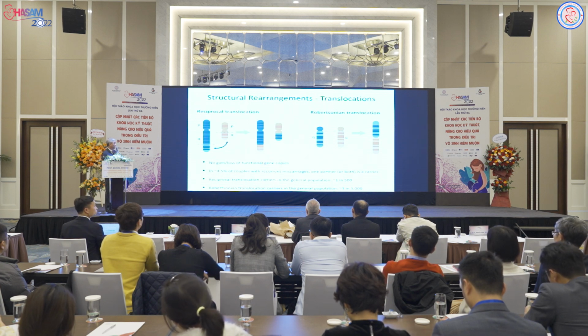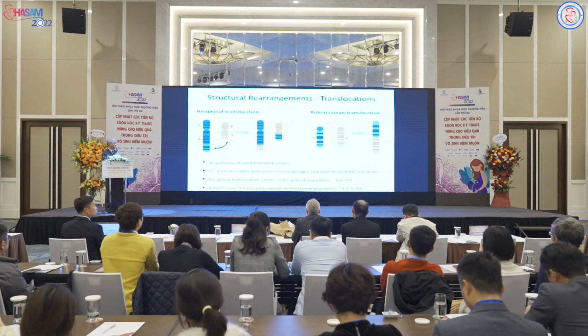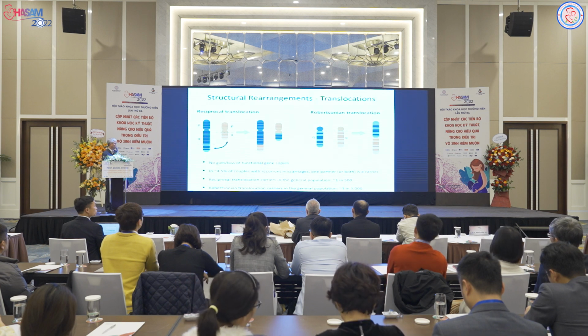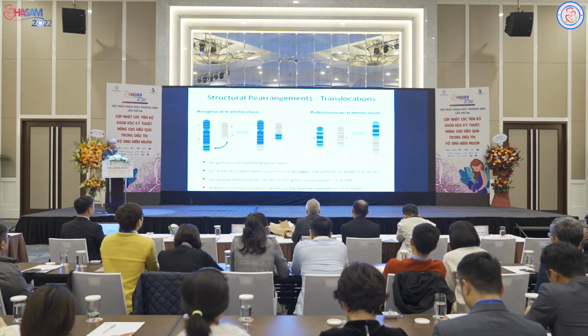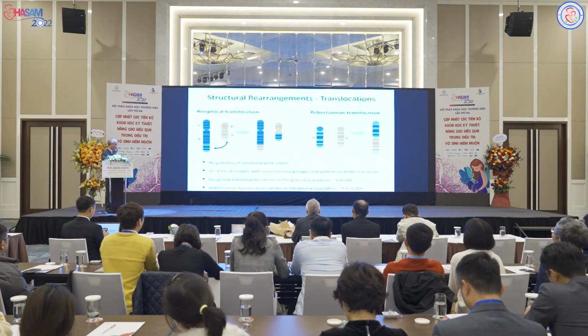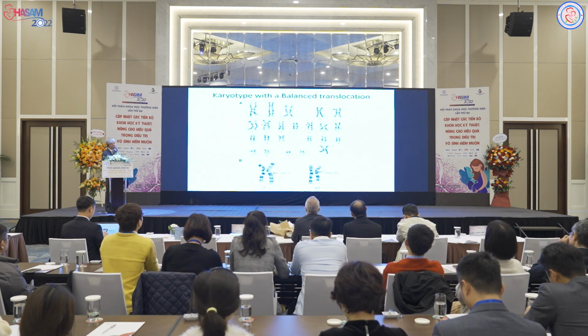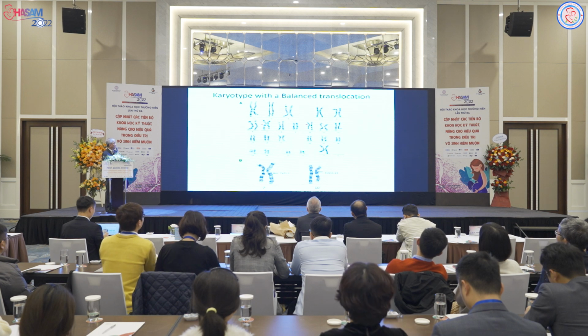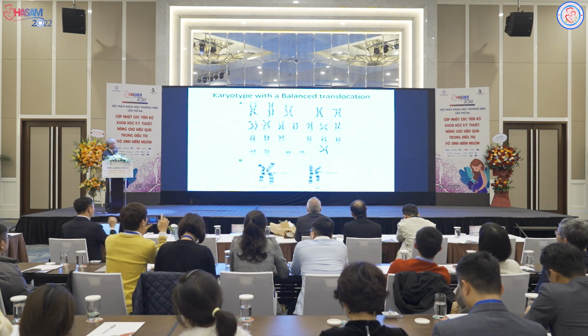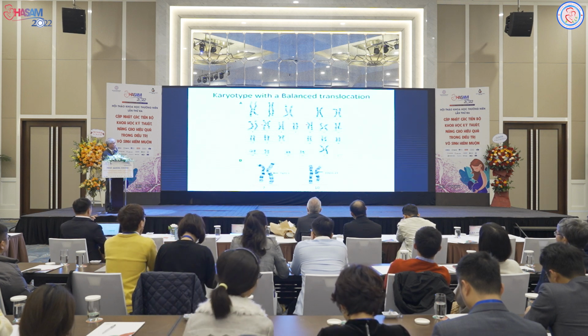And they are very common in the general population, 1 in 500 for reciprocal translocations and 1 in 1,000 for Robertsonian translocations. This is just an example to show you a balanced reciprocal translocation between chromosome 7 and 10.